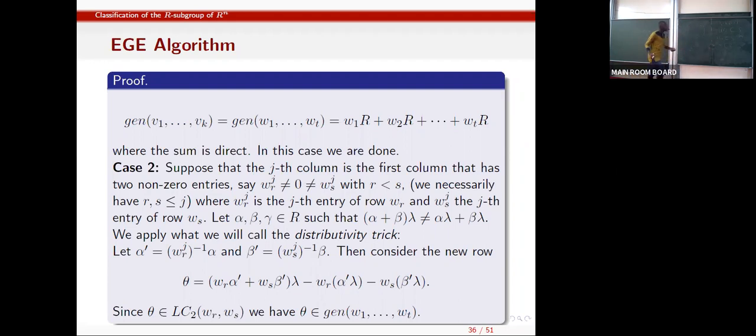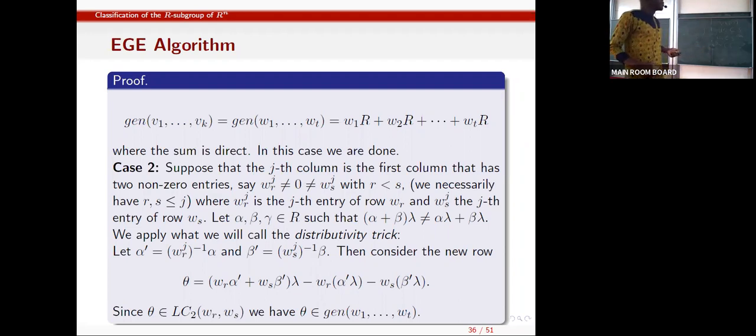So how can we create this new row? This is the construction, such that alpha prime is this and beta prime is this. And we see that this new row is in the linear combination of WR and WS, because we are taking the linear combination of linear combinations.